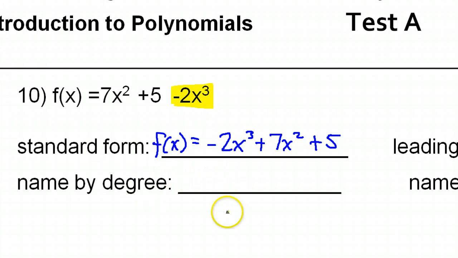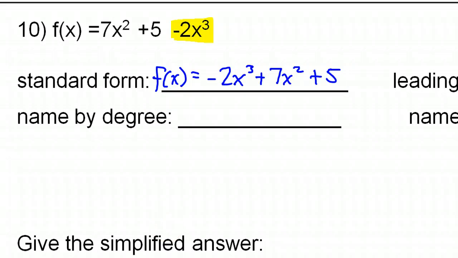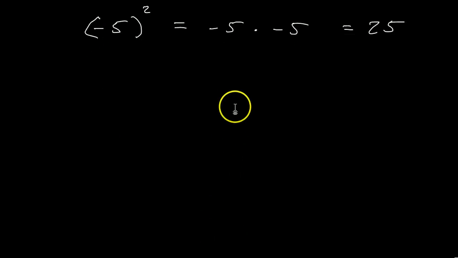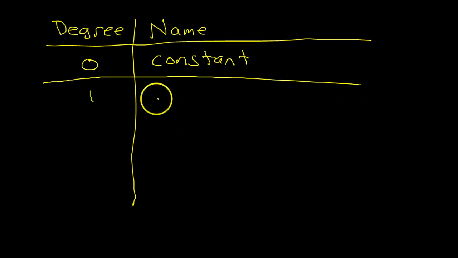Now, when we name things by degree, I'm going to go ahead and do this one right here. Naming by degree. If the degree is 0, then we call that constant. If the degree is 1, then that's linear.